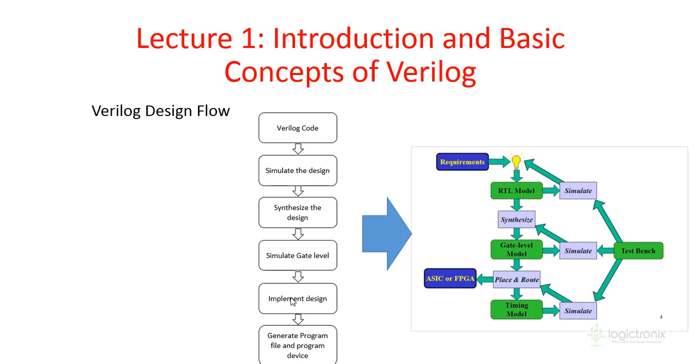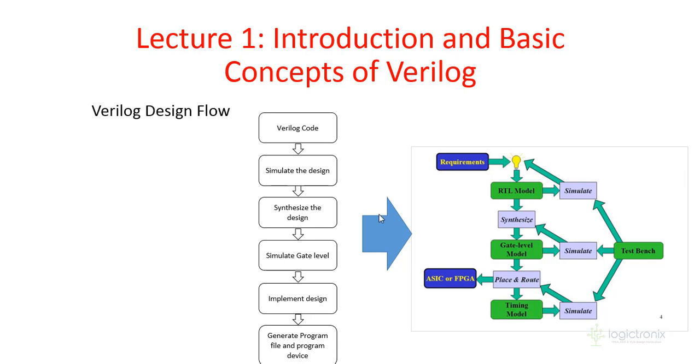Then after that we do the implementation design process. Finally, if we want to implement the design on an FPGA or any logic devices, then we generate the program file and run that program file on FPGA-like devices. FPGA stands for field programmable gate array. They are not a big or separate new thing. They are just logic arrays and combinations of logic arrays.